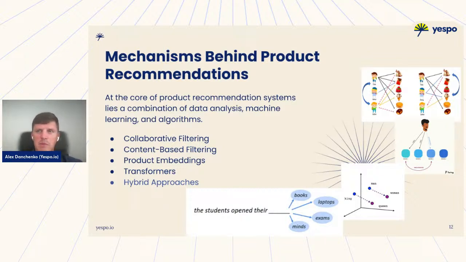Collaborative filtering basically helps you to understand which products are similar to each other and which users are similar to each other based on their interactions, like purchases, which is a typical data set to train the model, or additionally it could be clicks on a website, which could also be used to train the mechanism.